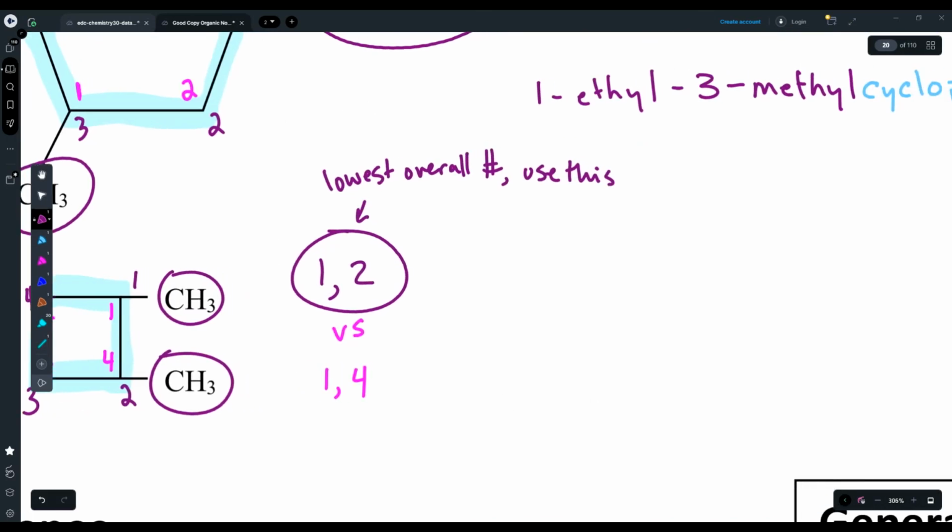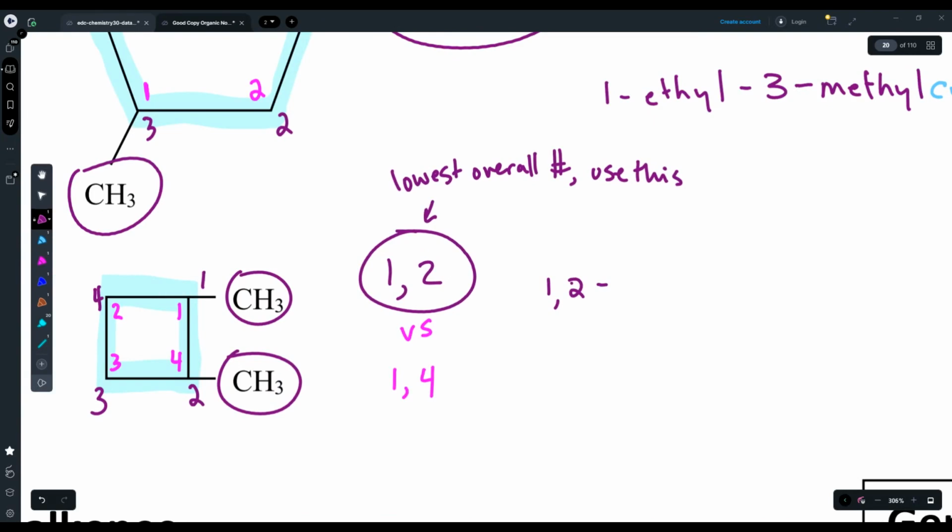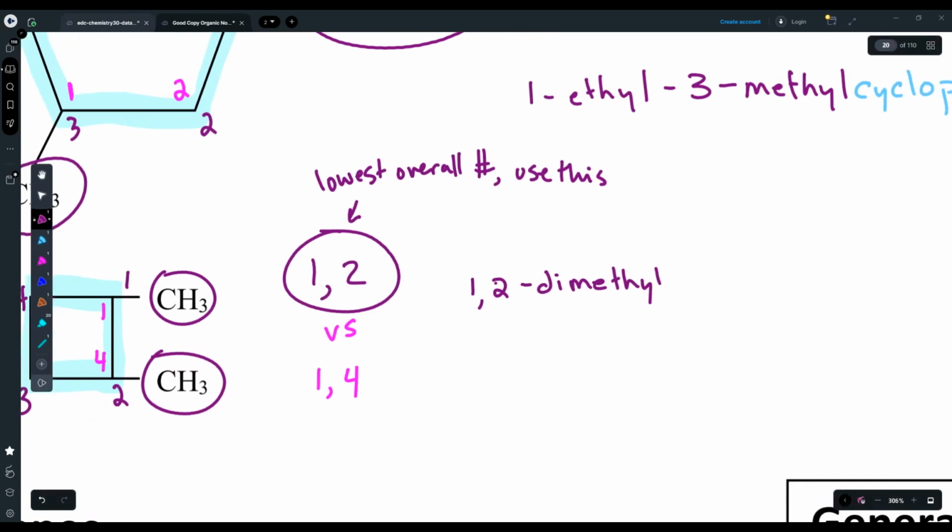Okay, so we've got our branches on carbons 1 and 2, and in total we have 2 methyl branches, so I'm going to have to say dimethyl. So the di just means we've got 2 of the methyl branches.